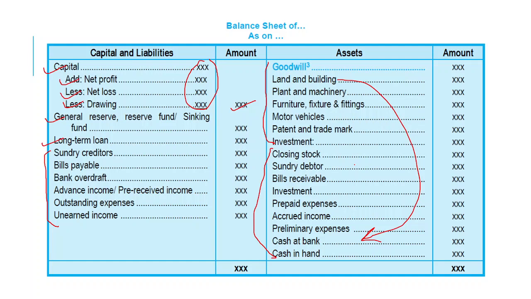Classify all the assets as fixed and short term, and similarly liabilities as long term and short term. So this is how a balance sheet is prepared, and bear in mind that the end result, the total of both sides, must be equal. If it is equal, then your answer is correct. If it is not equal, then there may be some problems in your calculations.